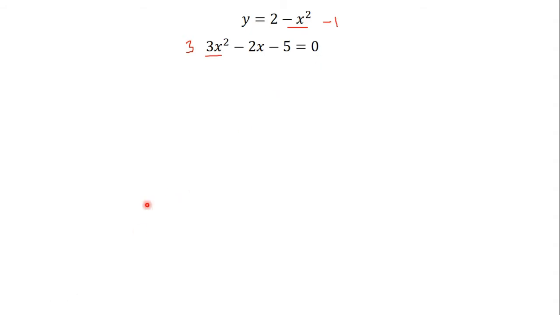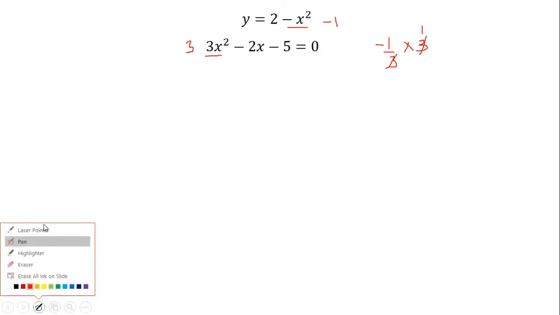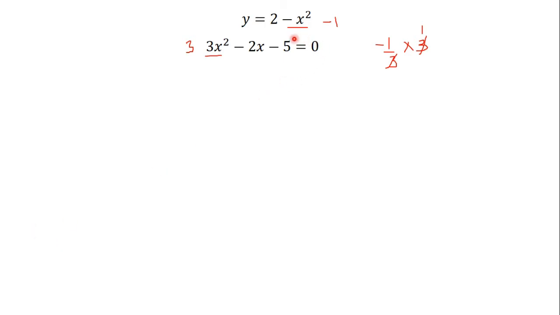That number is minus 1 divided by 3, because if you multiply minus 1 divided by 3 by 3, you see that 3 and 3 will cancel each other out. So you have minus 1 times 1, which will give us minus 1. So this means that we will have to multiply this whole equation by minus 1 divided by 3.